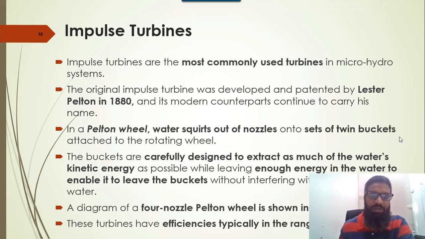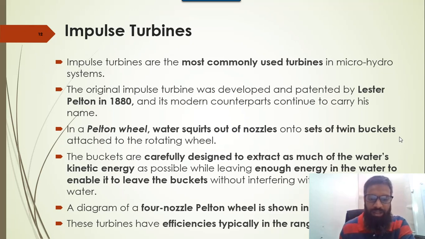The original impulse turbine was developed and patented by Lester Pelton in 1880, and its modern counterpart continues to carry his name. In a Pelton wheel, water is squirted out of the nozzle onto a set of twin buckets attached to the rotating wheel.